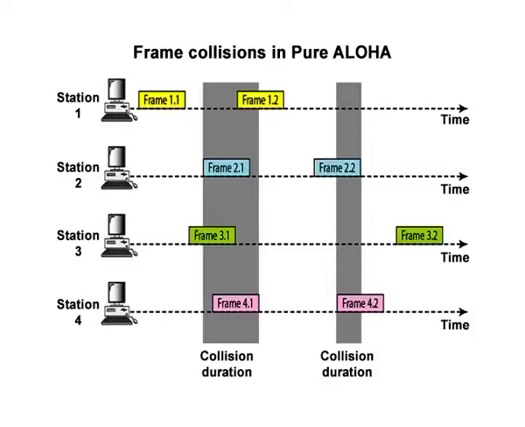If all the stations try to resend their frames after the timeout, the frames will collide again. Pure Aloha dictates that when the timeout period passes, each user waits a random amount of time before resending its frame. The randomness will help to avoid more collisions. This time is called the back-off time, TB.